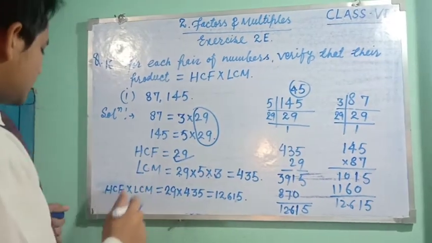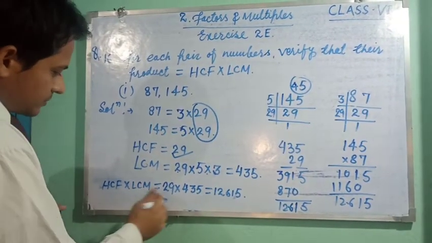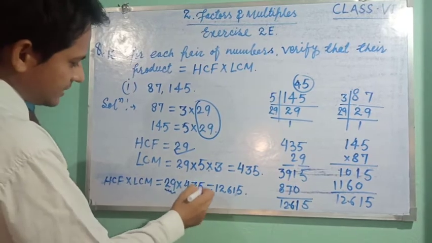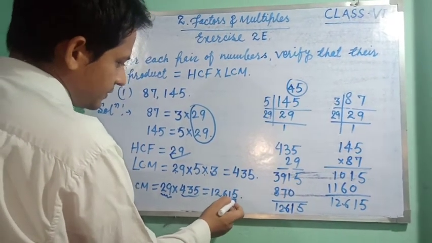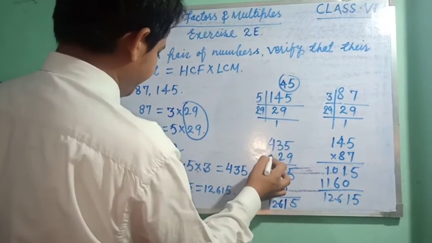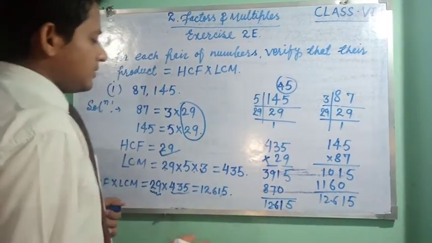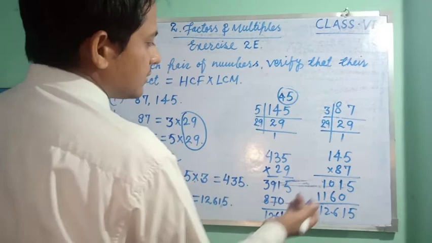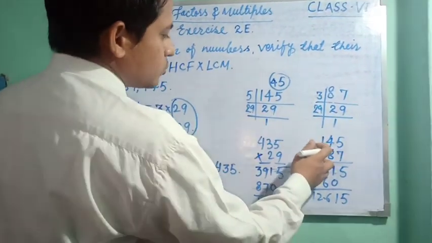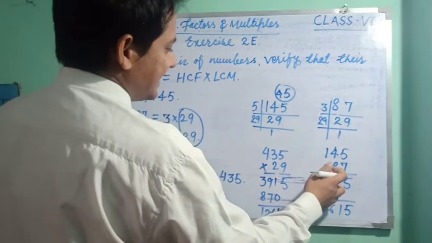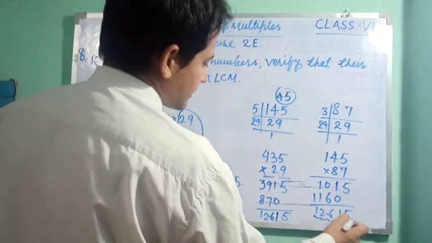of the numbers. Now see, HCF into LCM: here is the HCF, here is the LCM. If we multiply, we get 12,615. Now we have to check the product of these 2 numbers. If you multiply 145 by 87, it becomes the same number.